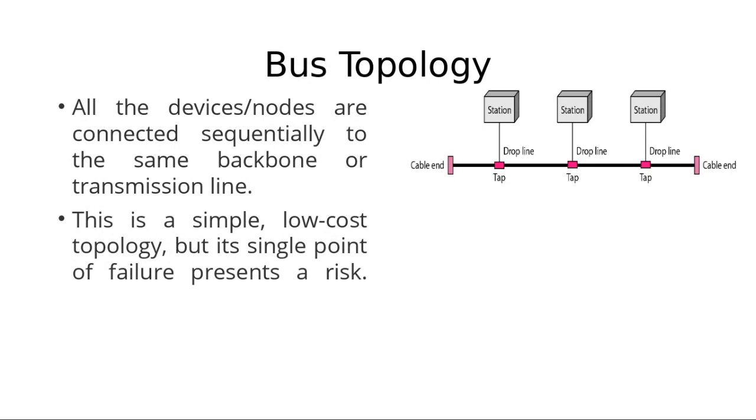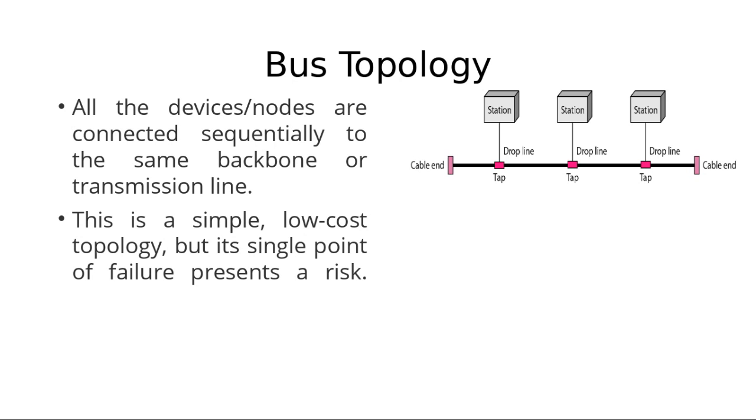Okay, next is your bus topology. As you can see in the diagram, there is a central cable, and this cable is known as the backbone of the topology, and all the devices are connected to this cable.